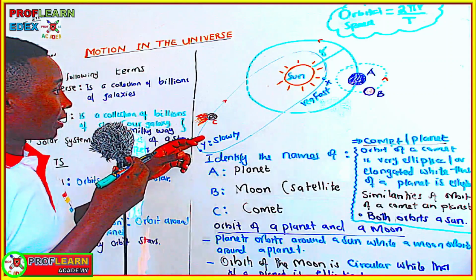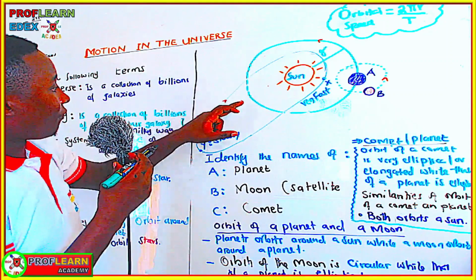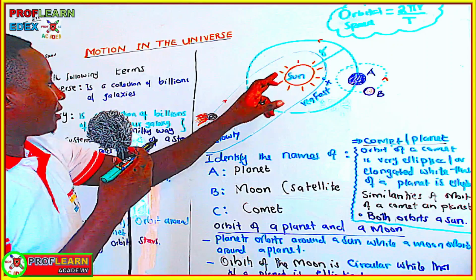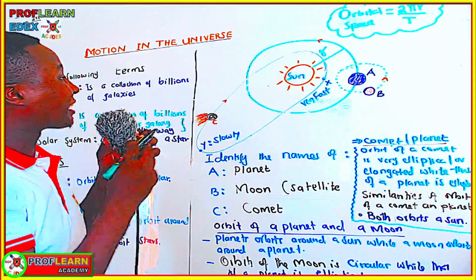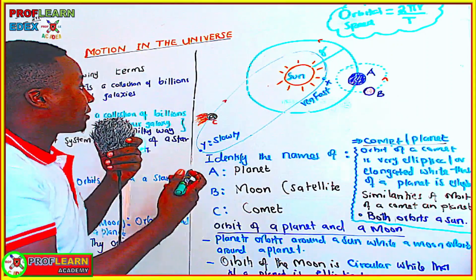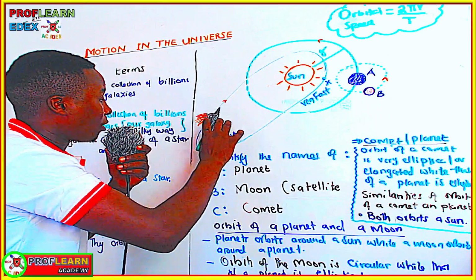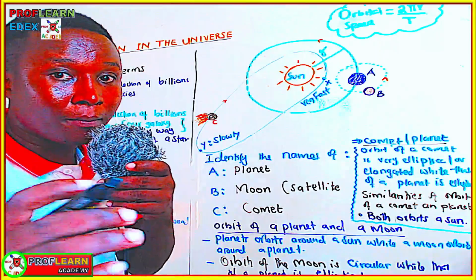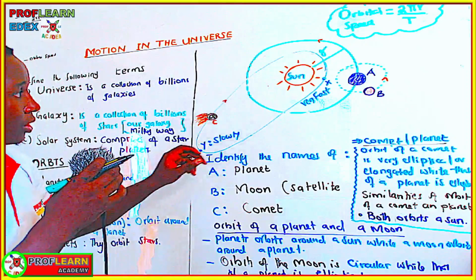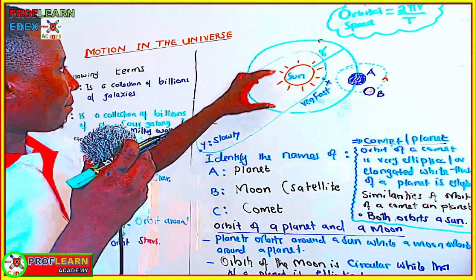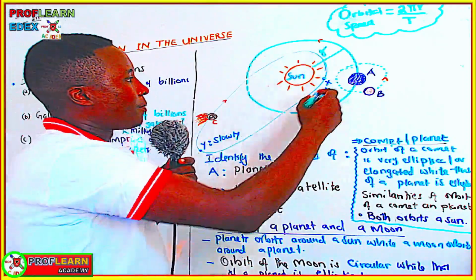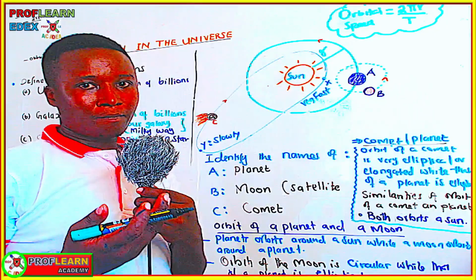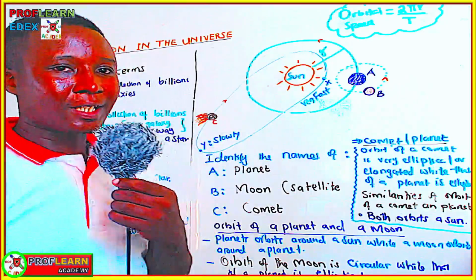The orbit of a comet is elongated, stretched, and very elliptical, but that of a planet is less elliptical. Now the moon has a perfect circular orbit and it orbits around a planet.